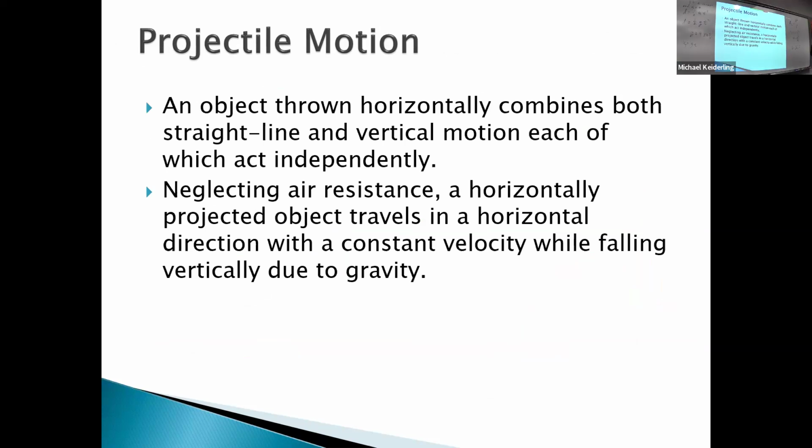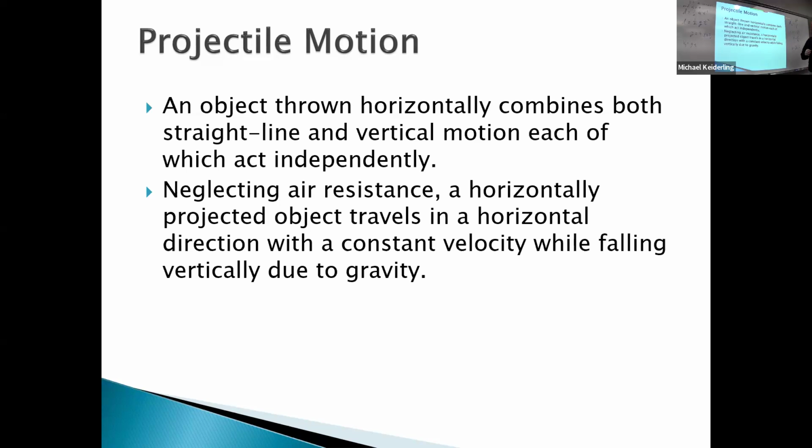Here's an example. Projectile motion, when something is thrown, combines both horizontal and vertical motion. You can treat the horizontal motion and the vertical motion independently. Vertically, it goes up and falls down, just like any other object you threw straight up or down.